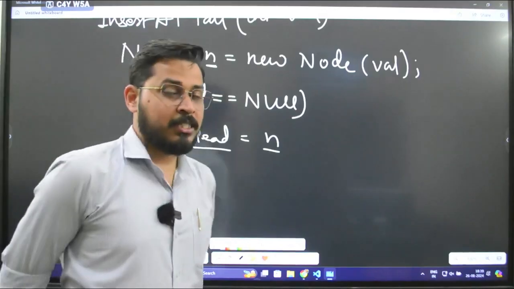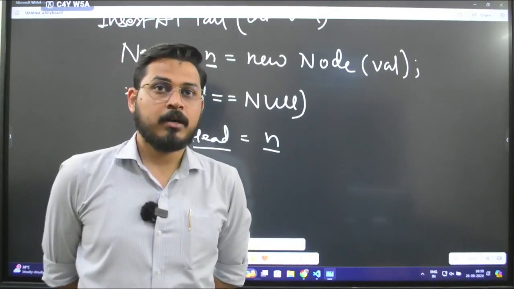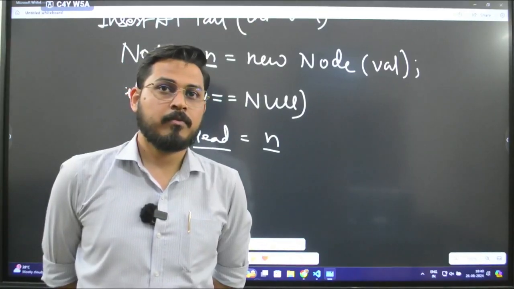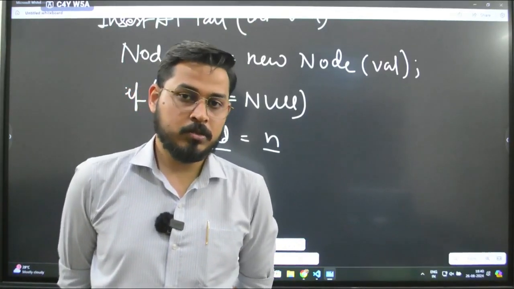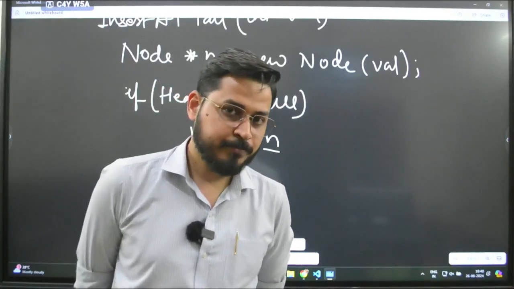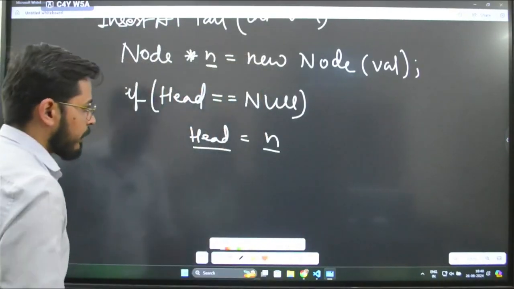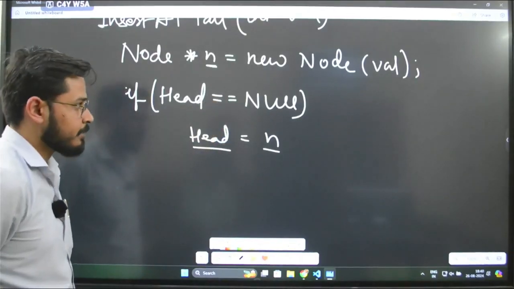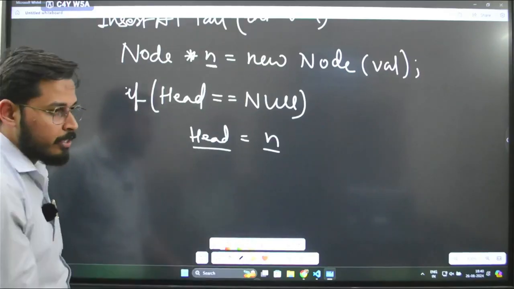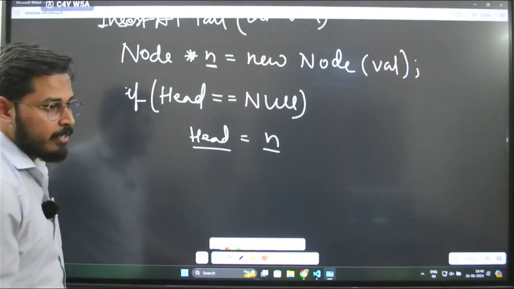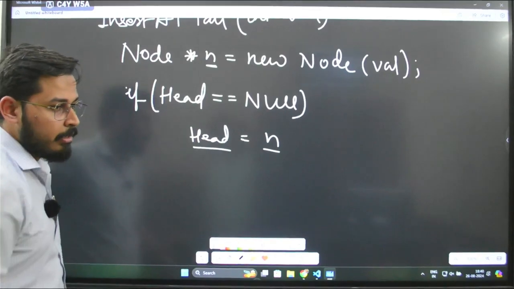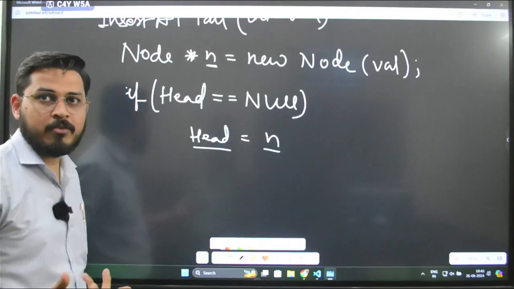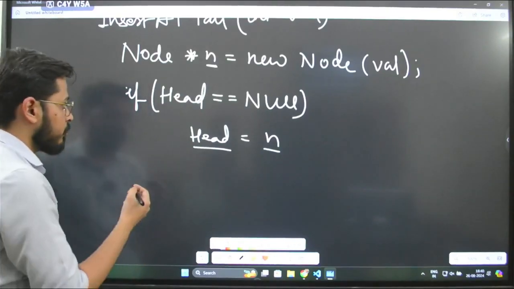Now, chalo, this is the condition for if the head is equal to null, correct? But what if the head is not equal to null? When the head is not equal to null, then in that case our normal program will run, correct?